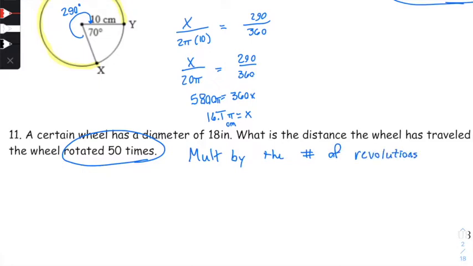So we need to go find the circumference. The circumference formula, you can do 2 pi r, or you could even just do diameter times pi. So regardless of which way you're thinking about it, you're going to get 18 pi right there. And then we're going to multiply that by the number of revolutions. So that was rotated 50 times there.